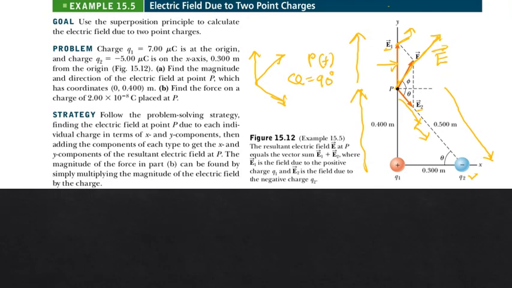For E1 we only have one vector, in this direction in the y. We don't have any vector for E1 in the x, so E1x will be equal to 0 newton per coulomb.